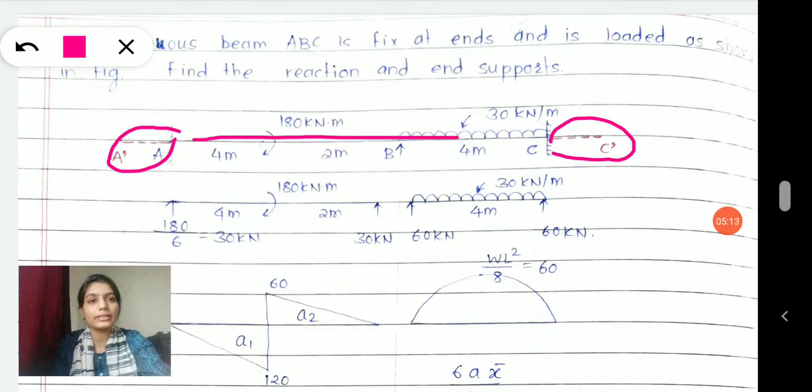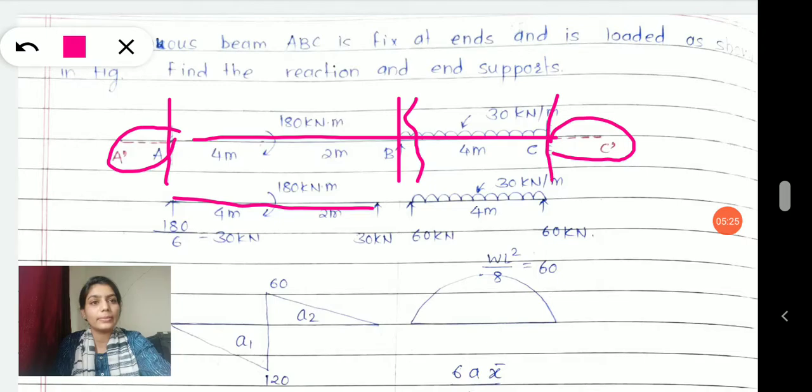This is my continuous beam which has a fixed end at both of the ends. I have separated it. This is my first span from A to B, and this is my second span, sorry, from B to C. Both of the spans I have considered with simple supports.